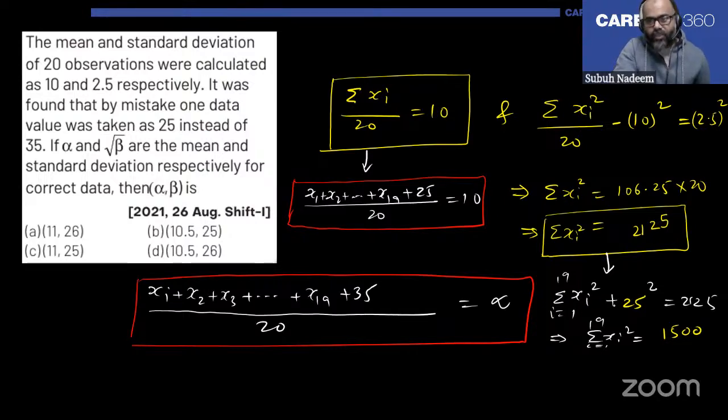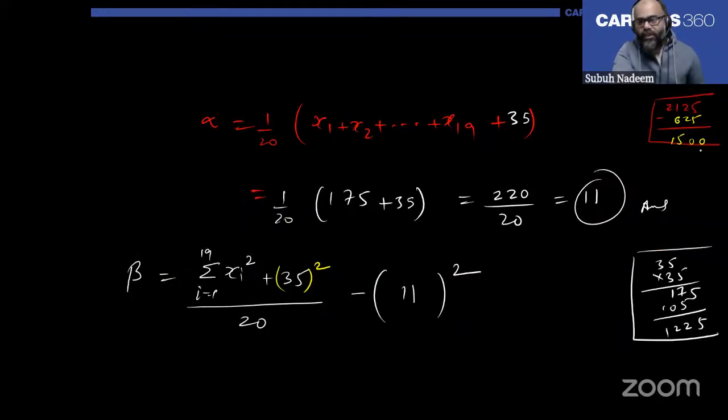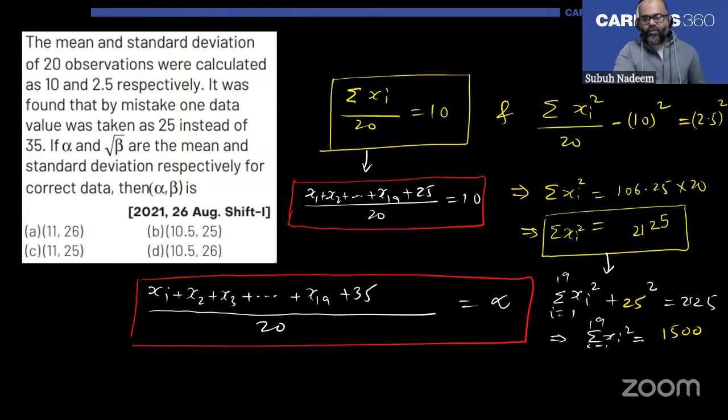Sigma of xi square plus 25 square, that is the incorrect one, is equal to 2125, and this will become 625. So 2125 minus 625 is coming out to be 1500.